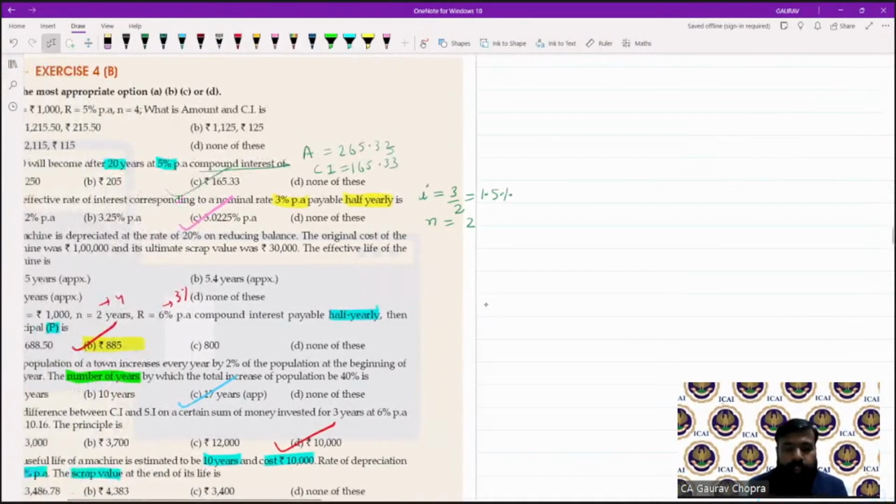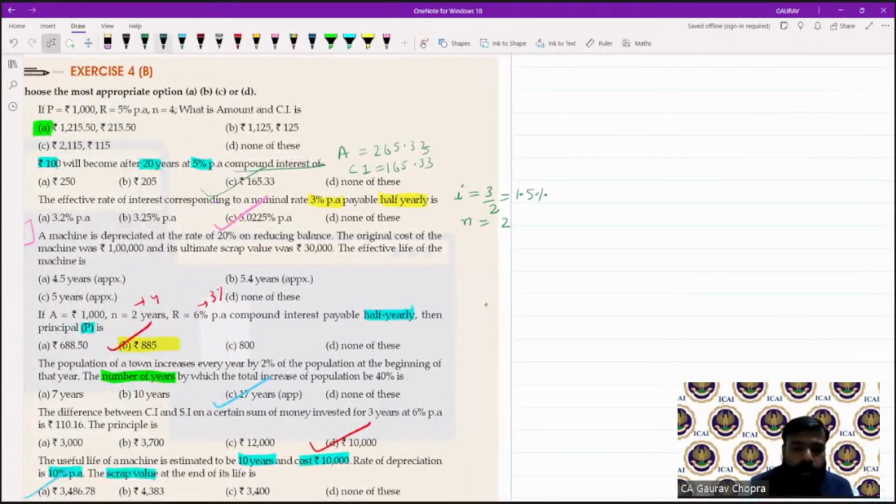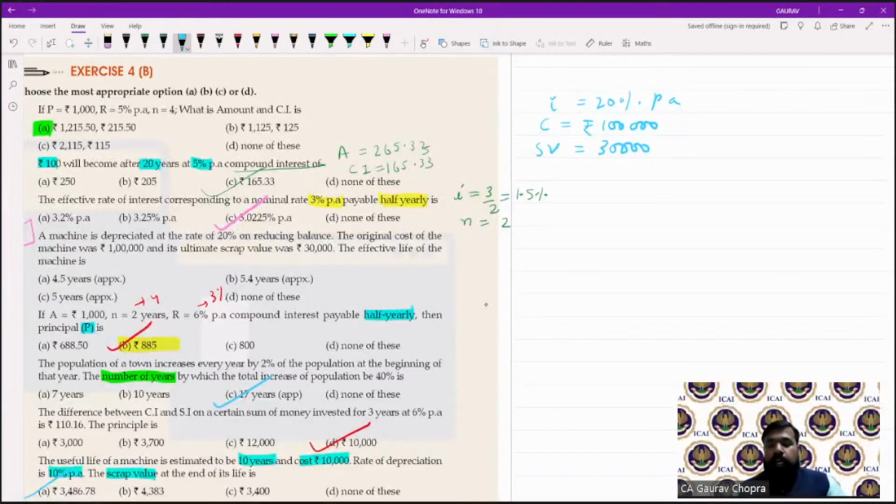So the values given in the question were the cost of the asset, that is rupees 1 lakh, scrap value is rupees 30,000, then rate is 20% per annum. And you have to calculate the life, that is the time period.